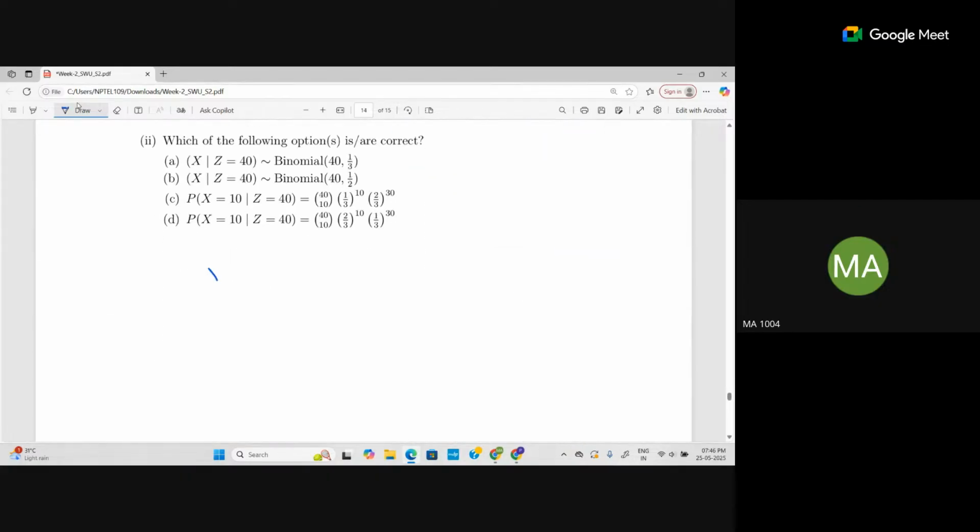Here z is equal to 40, and there we had n, so here we have 40. It will be binomial 40 comma 10 divided by 10 plus 20, which is 10 by 30, ultimately 1 by 3. Now it is clear. So option A is correct.